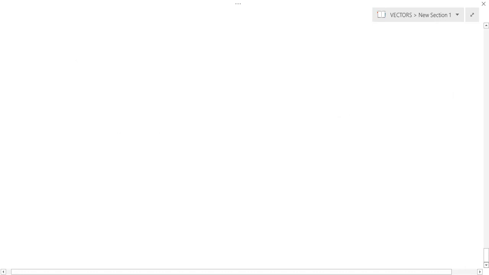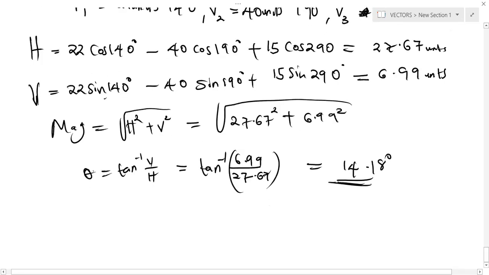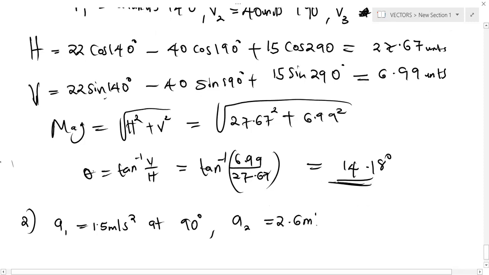Let's take up another example. Example number 2: vector A1 is equal to 1.5 meters per second squared at 90 degrees, and A2 is equal to 2.6 meters per second squared at 145 degrees.